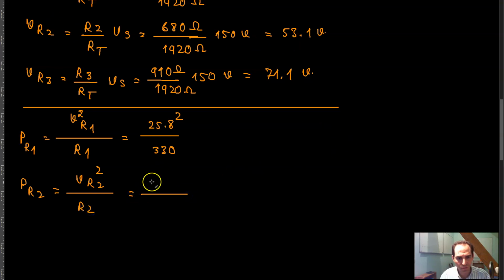53.1 squared divided by 680 ohms. That is voltage squared by ohm, so that would be in watts. That is again voltage squared by ohm.